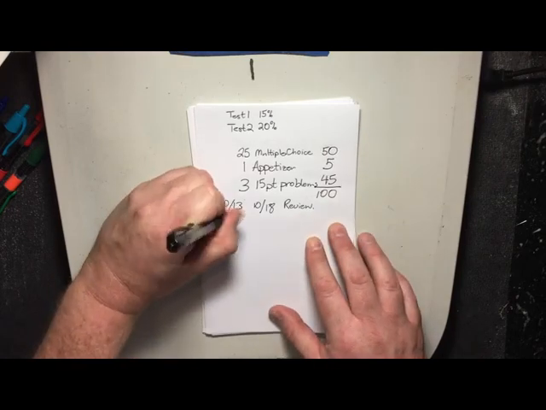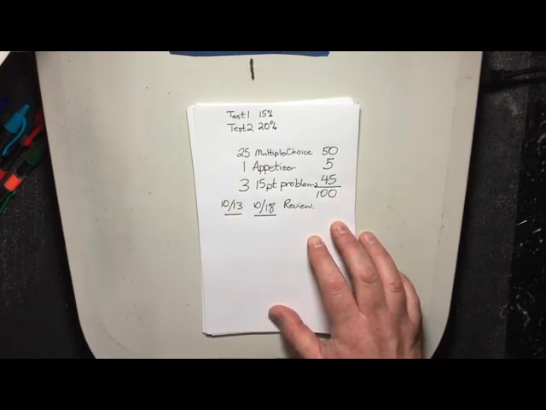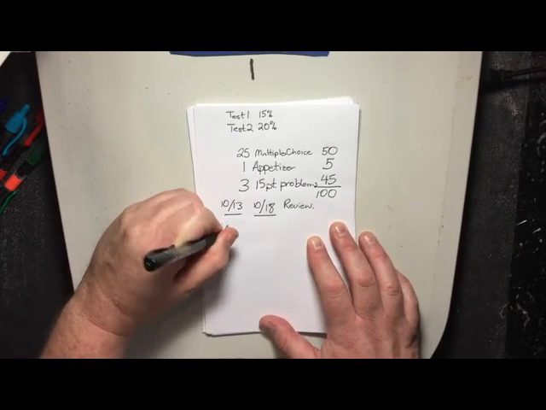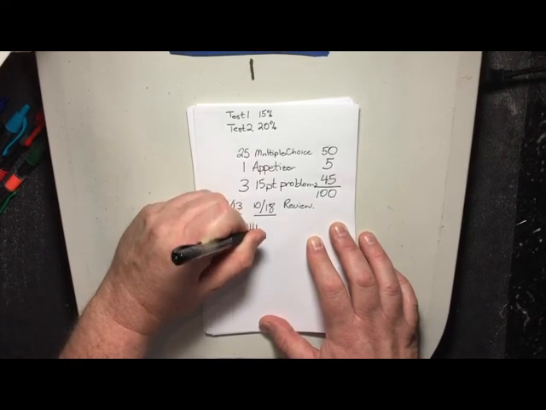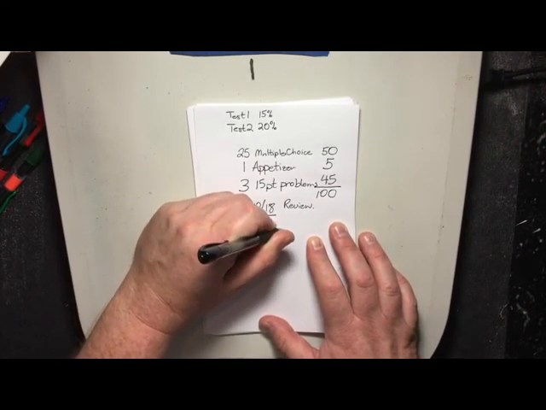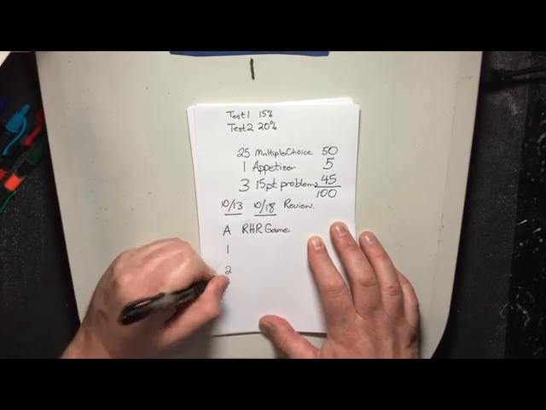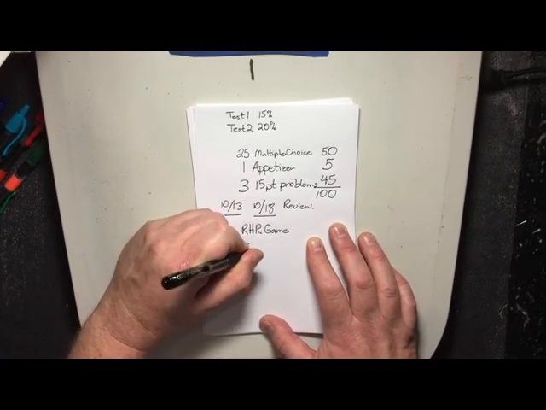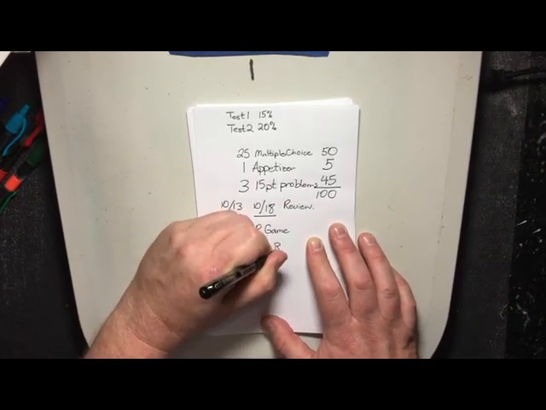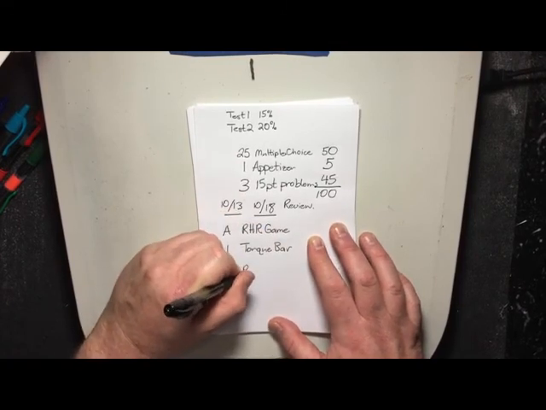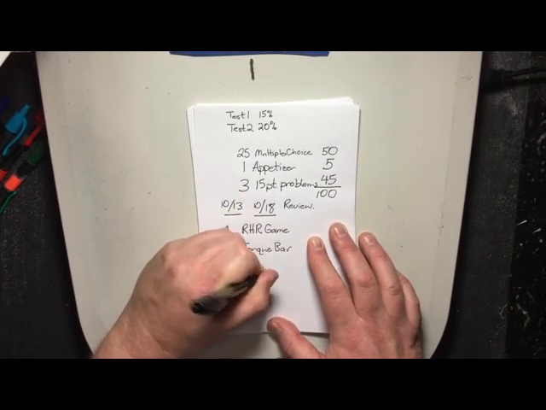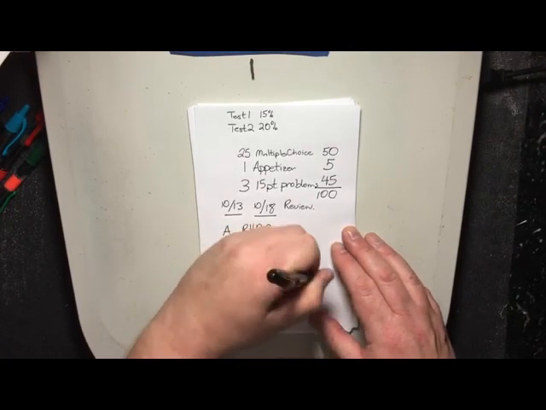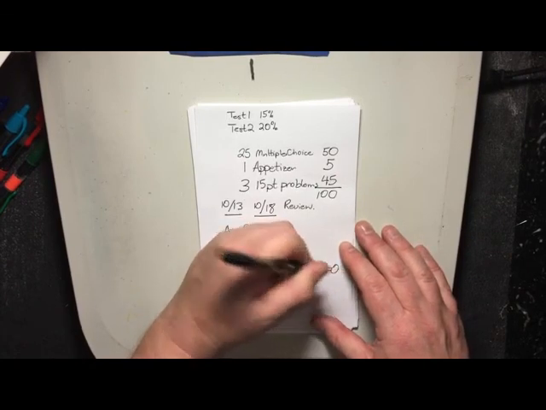So on the 13th and the 18th, today and next Tuesday, we're going to review. The appetizer, of course, will be the right-hand rule game. And then for the 3 problems, it will be torque bar, it will be rotation, alpha may not equal 0, or alpha will equal 0.